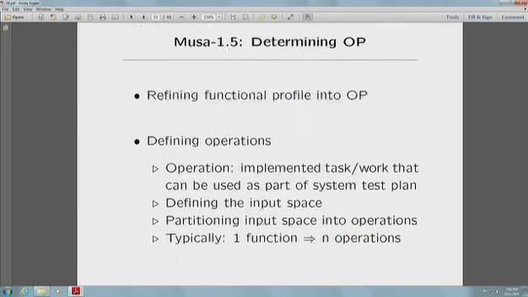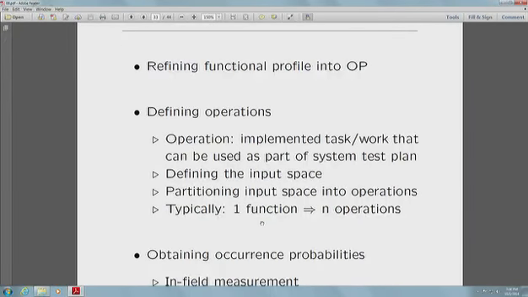The last step is to refine your functional profile to get your operational profile. So your operational profile will be for those different kinds of operations, where you map these high-level functions to low-level operations. Generally, there is again the possibility that some of the low-level operations support several high-level functions.